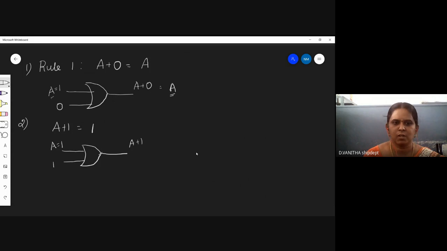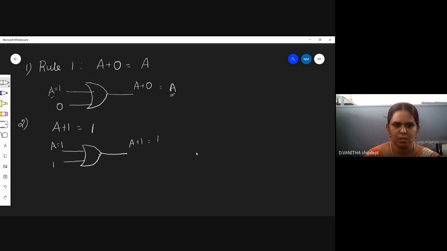If A is equal to 1, both will be 1, 1. So here we are taking the output X is equal to 1. So if A is equal to 0, the output is equal to 1. Whatever the value, since one input is 1, the output is equal to 1 only. So likewise it can be proved.